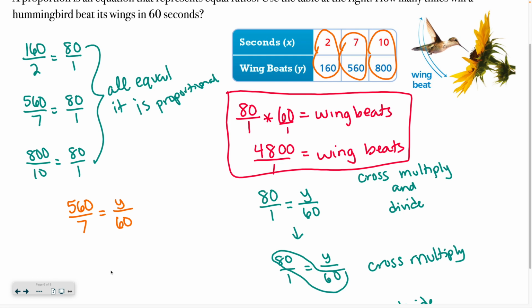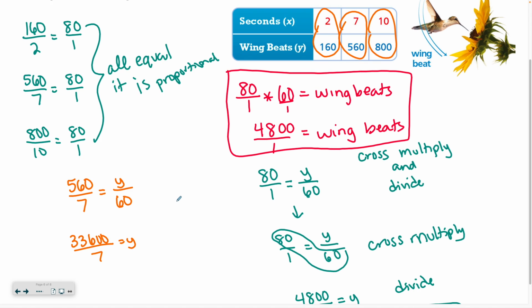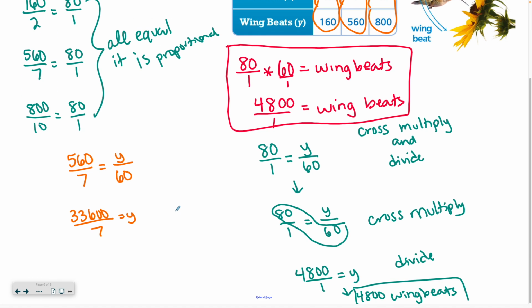And what I would do is I would say, what is 560 times 60? Because I would cross multiply. So that's going to be 33,600 over 7 equals y. And then if I were to do the division step, I would say 33,600 divided by 7. That is 4,800 wing beats.